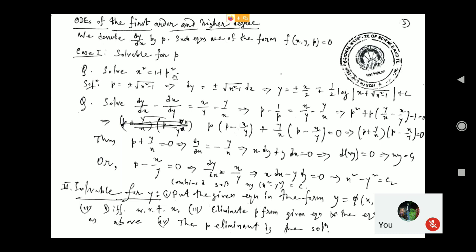So this obviously we can solve for p, that is, we can separate p from other variables. So we can write p equal to plus minus of this.